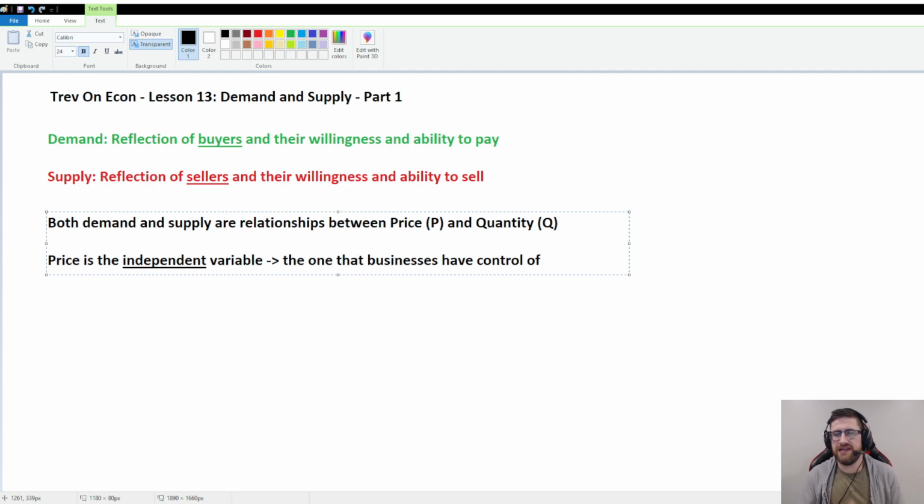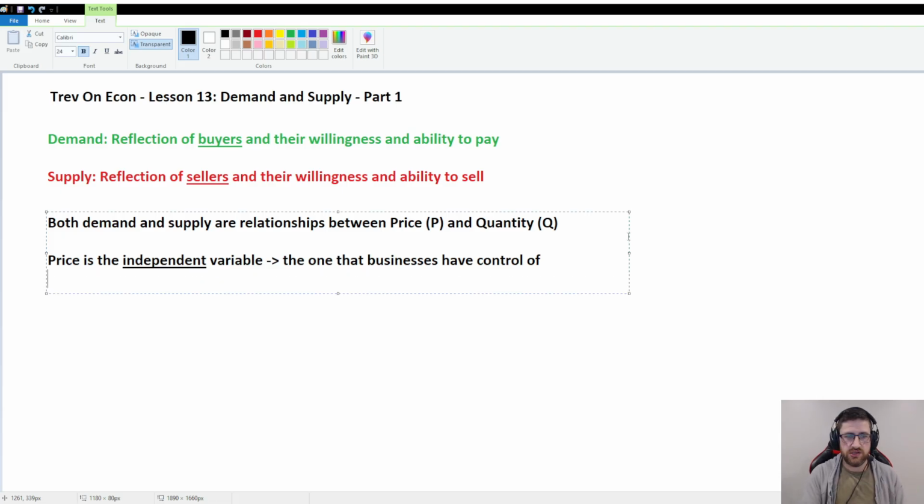This is the thing that they are able to manipulate. They are able to raise it, to lower it, to incite some sort of change in behavior. What that behavioral change is going to be is one of the main focuses of today, but we have to understand that they have control over price, but they don't have control over quantity.